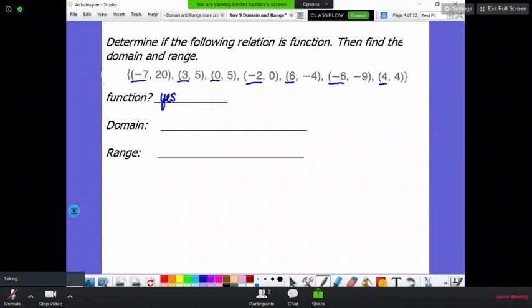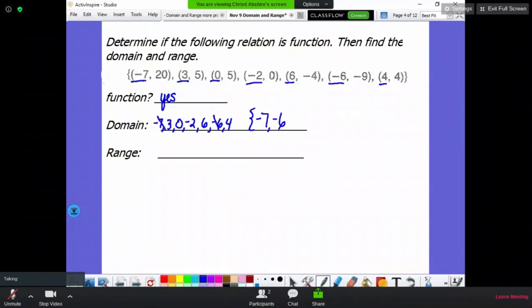For my domain, I'm listing all of my x values least to greatest. First, my scratch work: -7, 3, 0, -2, 6, -6, and 4. That's the list. I notice that -7 is the least, so I'm going to start with -7, then -6. I'm going to mark those off as I go.